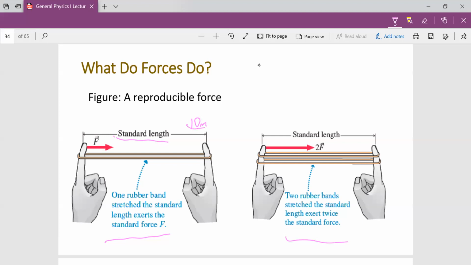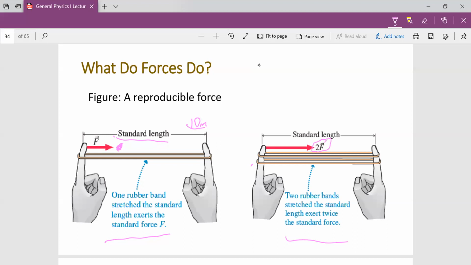You now decided to add a second, identical band. Because you already have the distance that you've measured out on a ruler, called the standard length, you make another stretch to that standard length as well. You will notice that the force you experienced in the first case is multiplied. Okay, you notice that stronger pull, right?